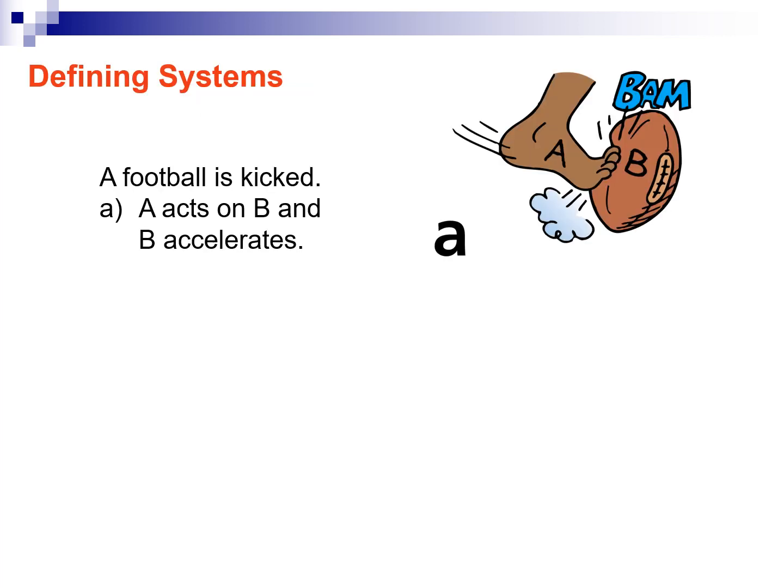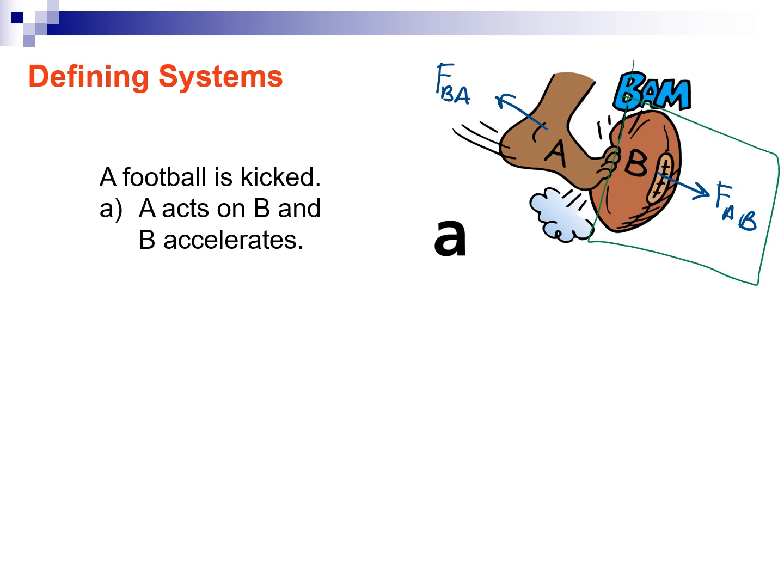Here is how. A football is kicked. There's a force on the football. So, here is force of A on B. Well, there's a reaction to this. There's a force of B on A. If we isolate the ball and call it our system, here is our ball.